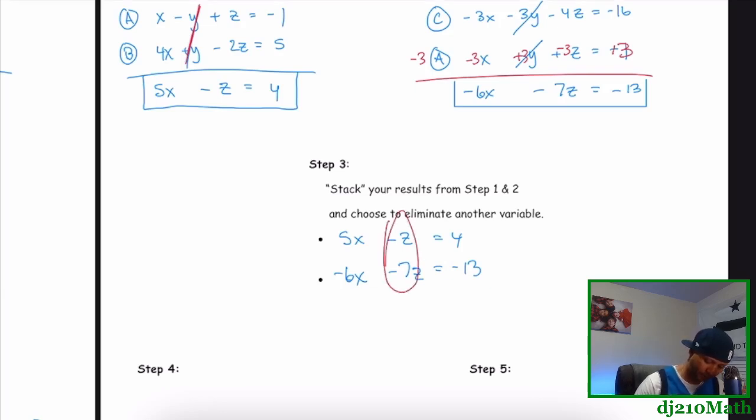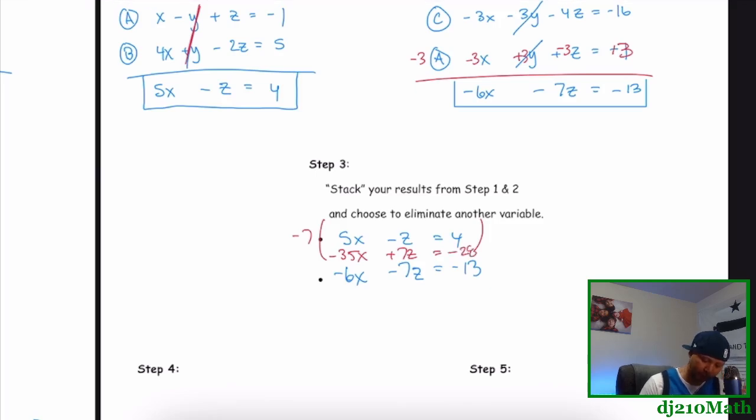So z's for sure. Well, not for sure, but if I multiply the top by -7, that'll make these cancel. If I multiply the top by -7, I'm going to rewrite this underneath. So this will be -35x plus 7z. And then this is equal to -28.